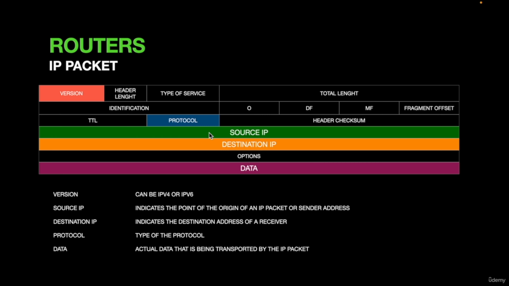The source IP indicates the point of origin of an IP packet, or basically the sender's address. The destination IP indicates the destination address, or the address of the receiver. Protocol will indicate the type of the protocol, and the data field is the actual data that is being transported by the packet.